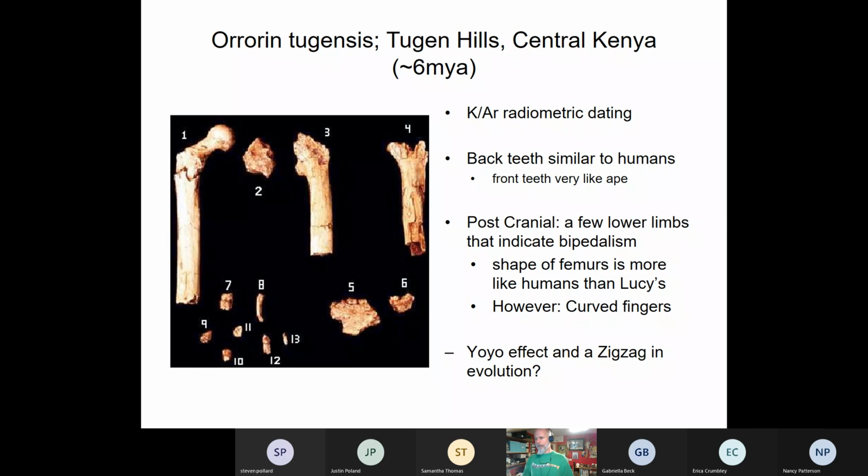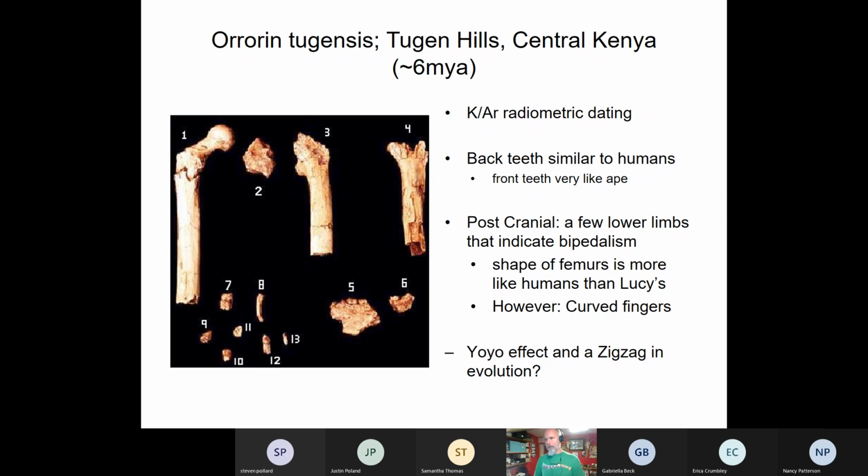The shape of the femurs indicates that the angle of the femur, like ours, is angled in and not straight down. So very much human. However, the fingers, of which they have some representation, indicate that the hands were very curved. So again, very much a hybrid of hominin traits and hominoid traits.